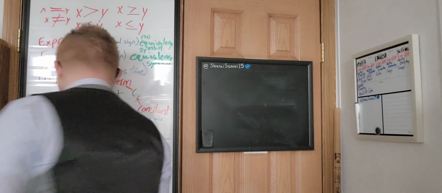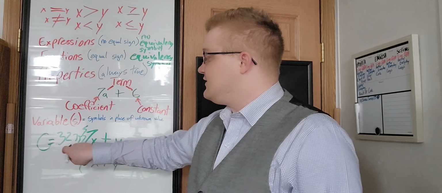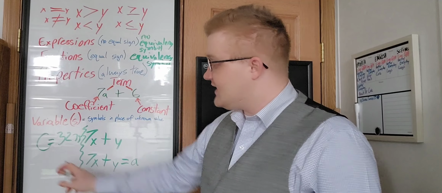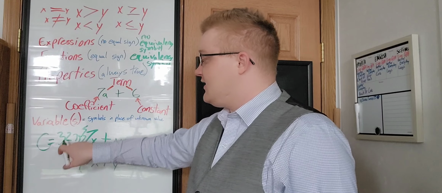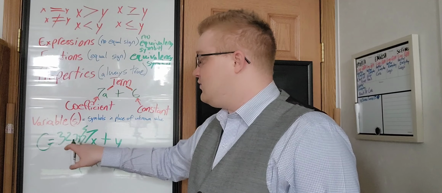Let's draw a squiggly line here to make sure that these don't get mixed up. So the circumference of the circle is 32 times pi. That is a finite value that I can find by doing this. So this equation is pretty simple because these are 2 constants.